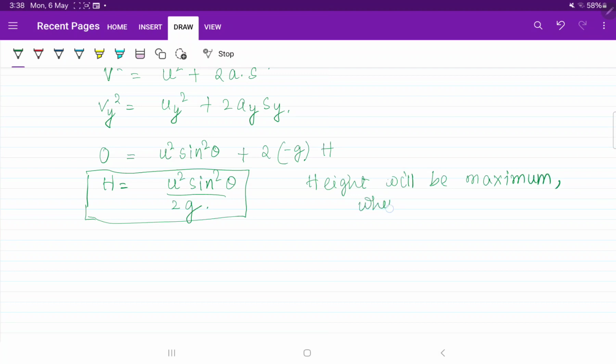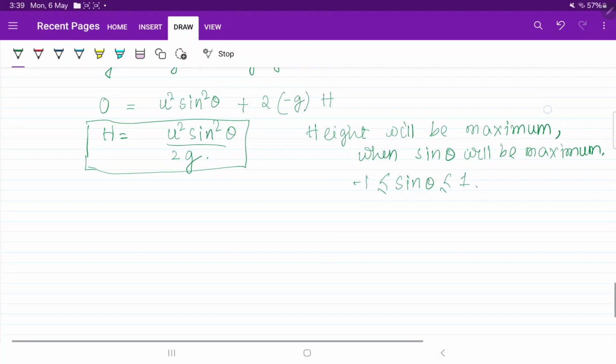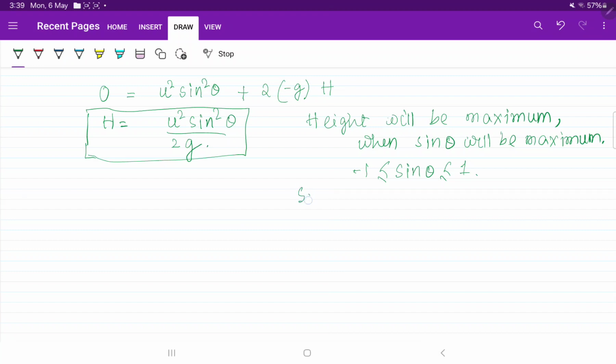So when will the height be maximum? Simply, the height will be maximum when sin theta will be maximum. The value of sin theta ranges between -1 to 1, as we previously discussed in the case of time of flight. So the maximum value of sin theta is 1, which is sin 90, so theta will be 90 degree.